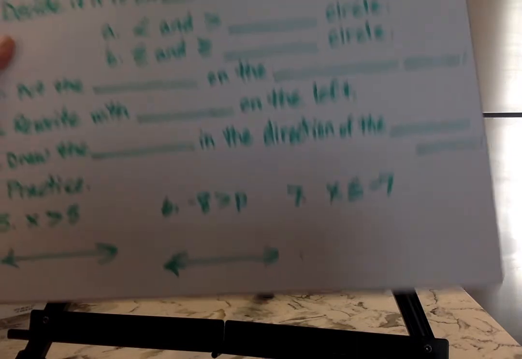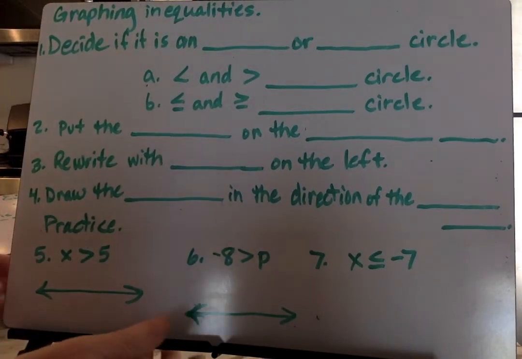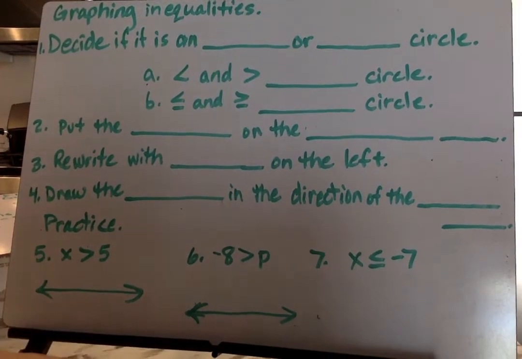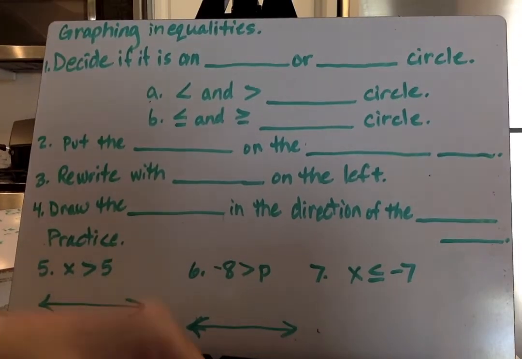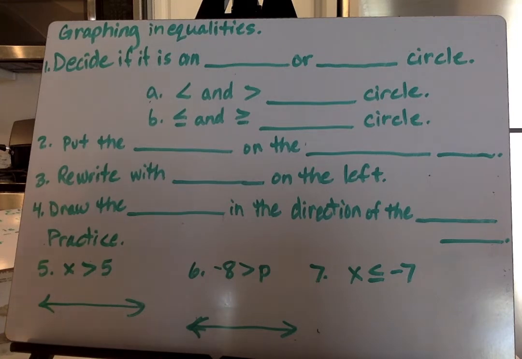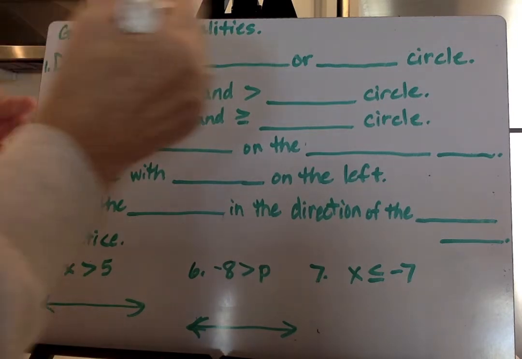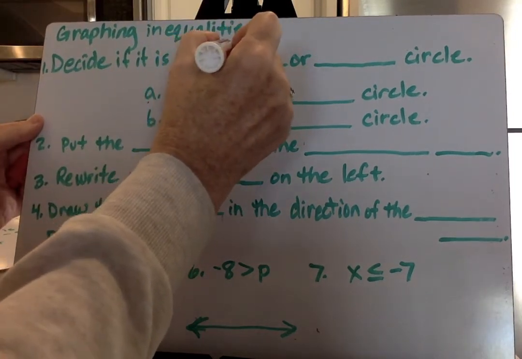Okay, so here's how to graph inequalities on a number line. The first thing you decide is on the number line, if it's an open dot circle or a closed circle.